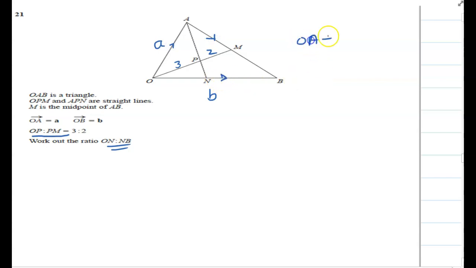So let's write down here OA plus AB equals OB. So from here we can find AB.